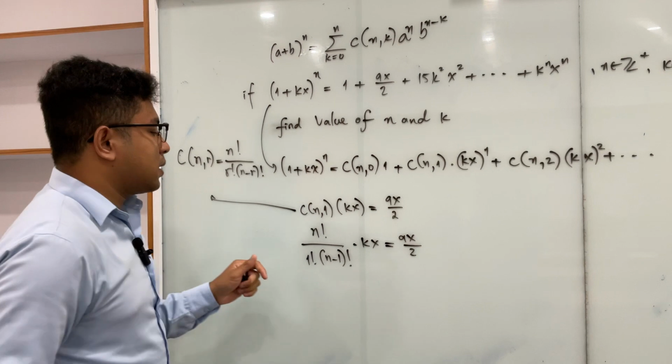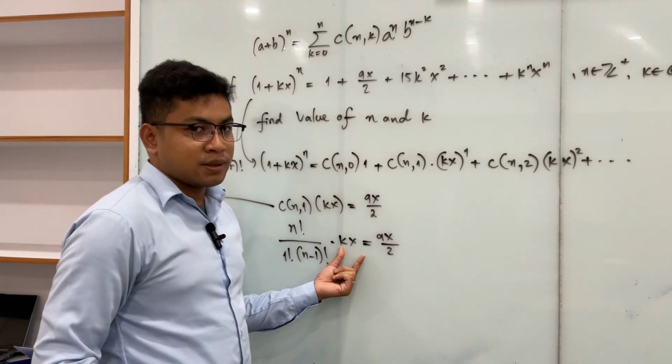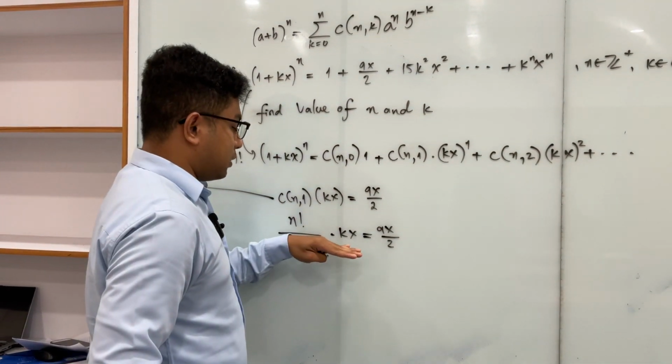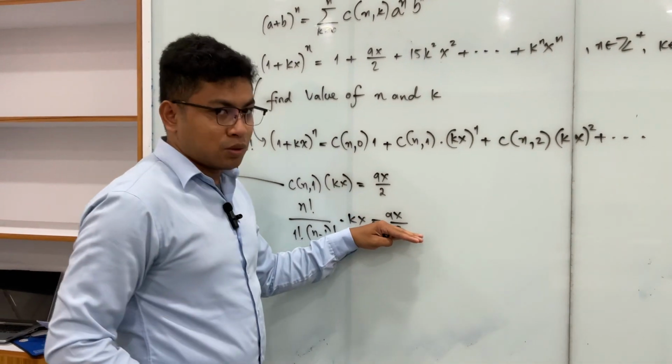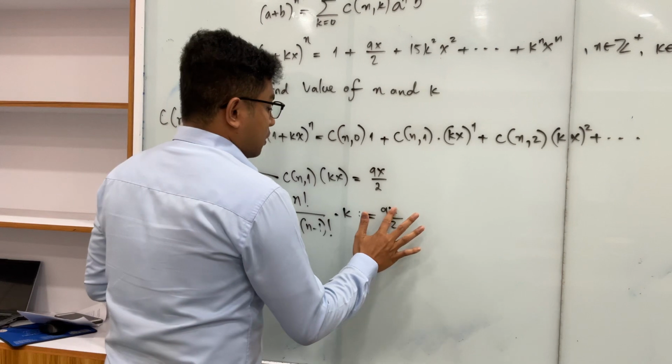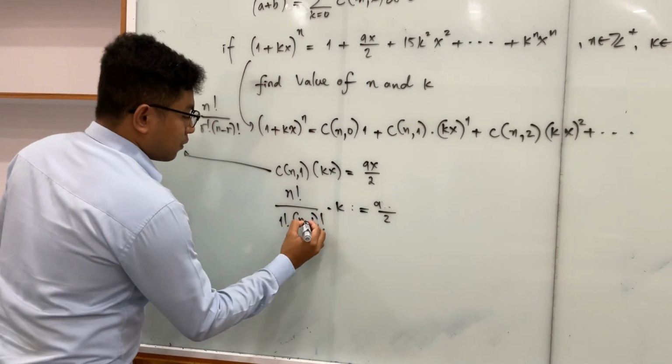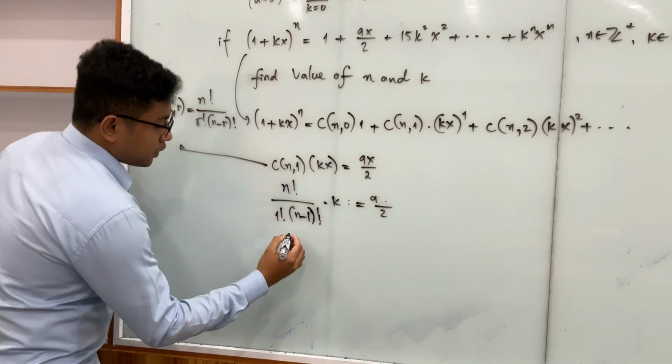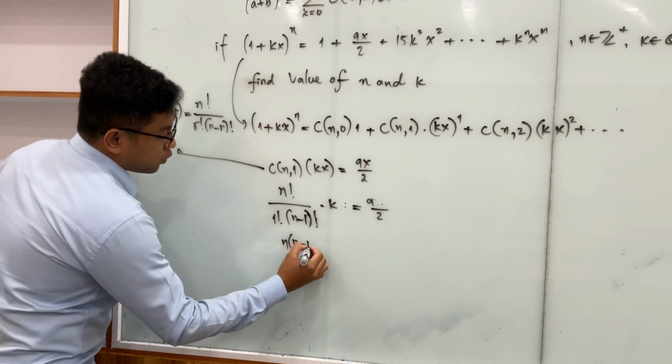By the way, in this case we can divide both sides by x, so x can be simplified and there is no more x here. Furthermore, n factorial is equal to n times (n minus 1) factorial.